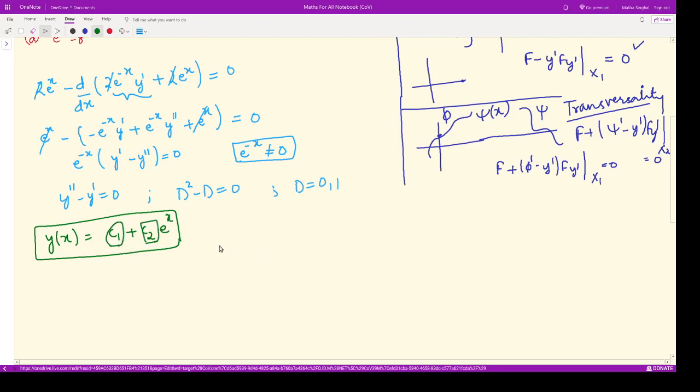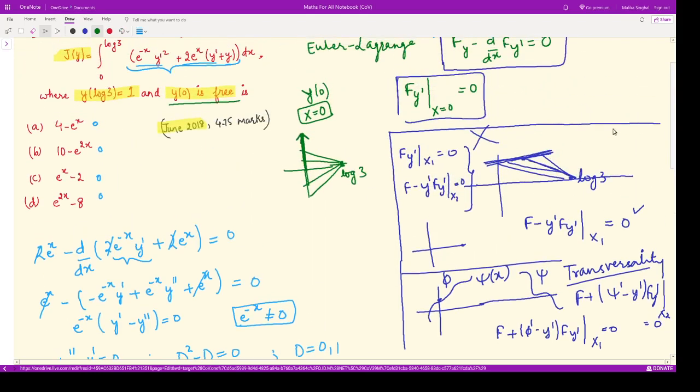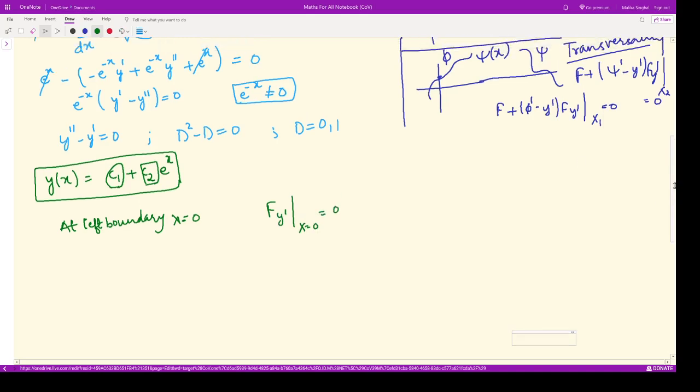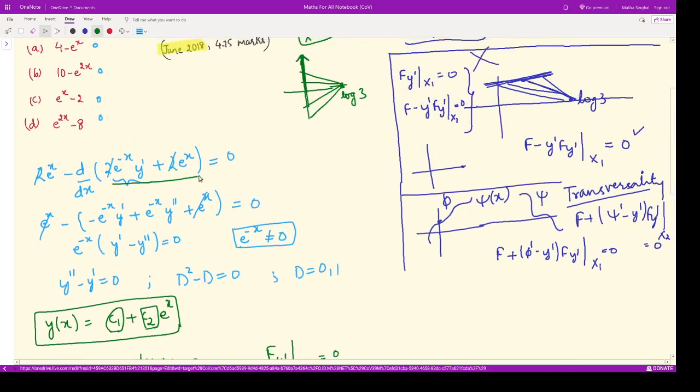So at the left boundary, that is at x is equal to 0, we must have this condition that f of y dash at the point x is equal to 0 is 0. So what is f of y dash? F of y dash is simply this, right?